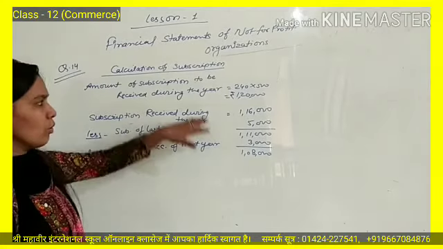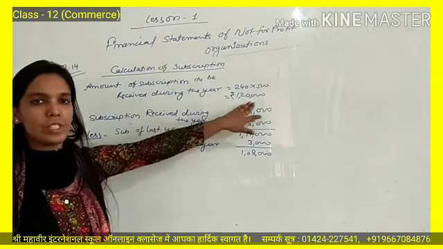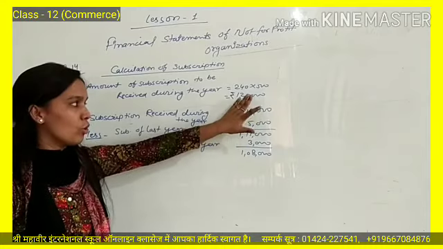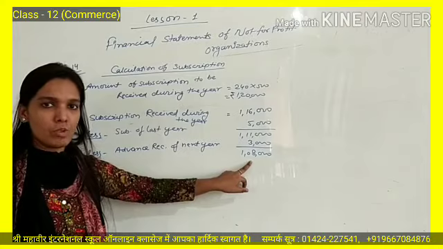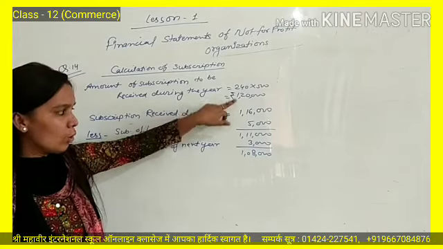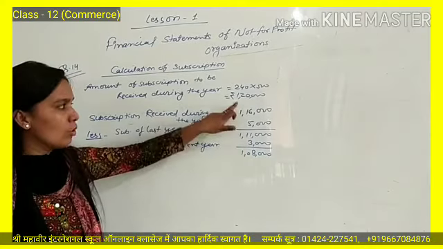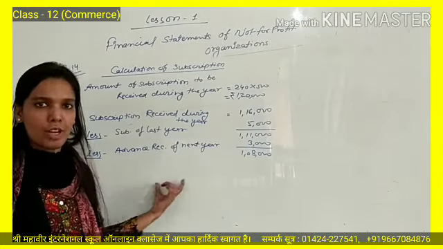But here you know that the total subscription you have to receive is 1,20,000. So 1,20,000 you have to receive, but you received only 1,08,000. So you can say that 12,000, the difference between both subscriptions, will be the outstanding of the current year.